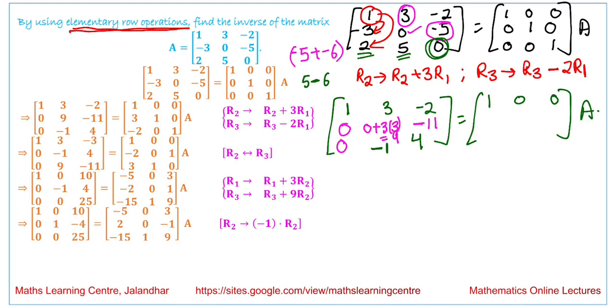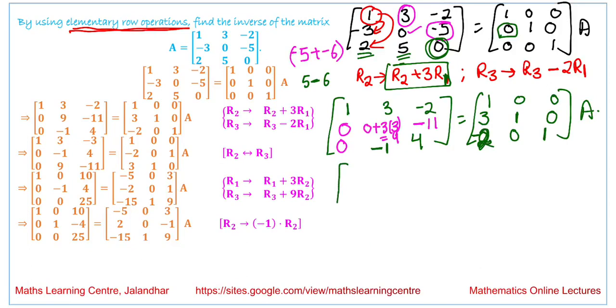Next, when we apply the same operations on this, it is row 2 plus 3 times row 1, it is 3. This element is 1, this element is 0. Similarly, in the last row we will have 0 0, and this first element is minus 2, this is 0, and this element will be 1.